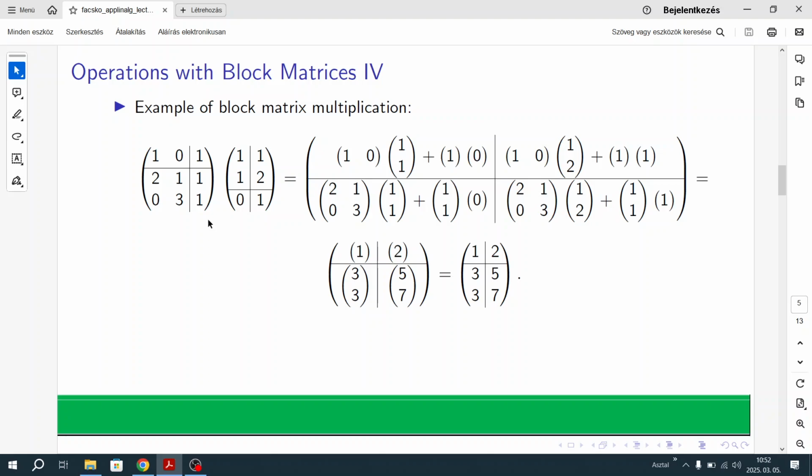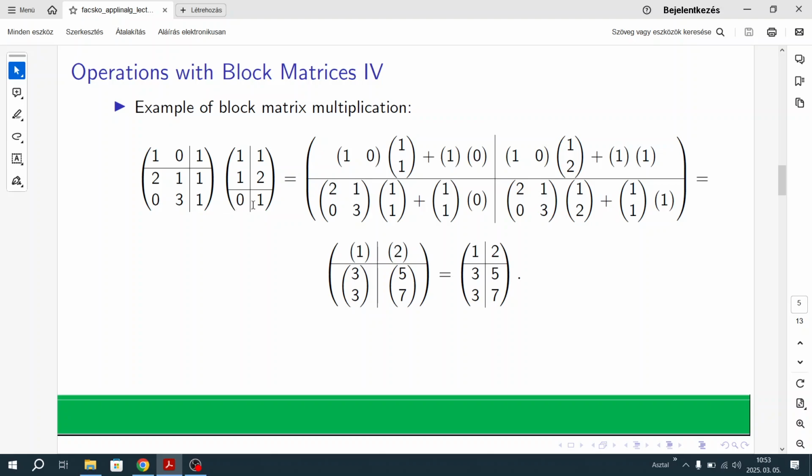It's actually easy. Just this one is multiplied by this one. Can you see? It's like a matrix calculation. It's exactly the same. And then you add this one, multiply this one. Then the next element, this element is multiplied by this element, and this element is multiplied by this element.